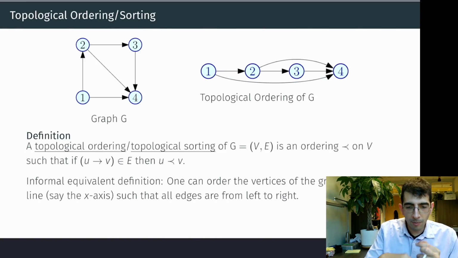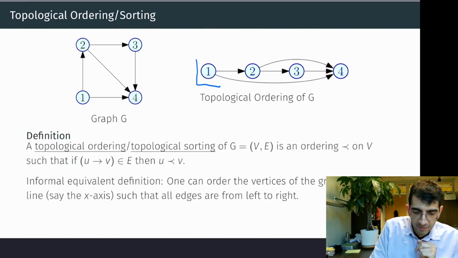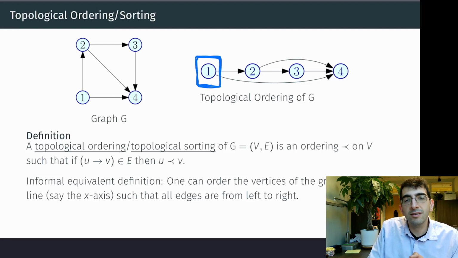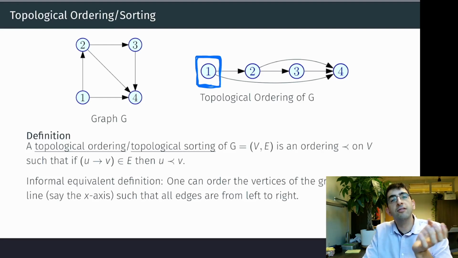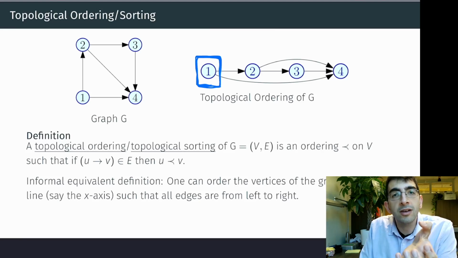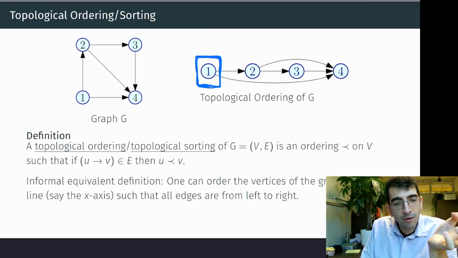What do we know about this first vertex? What condition can we exploit? Well, we know that in a topological ordering, the leftmost index must be a source, right? There can't be any incoming edges. So perhaps there's something we can do with the in-degree of the vertex. And in fact, that is our key to finding the topological ordering.